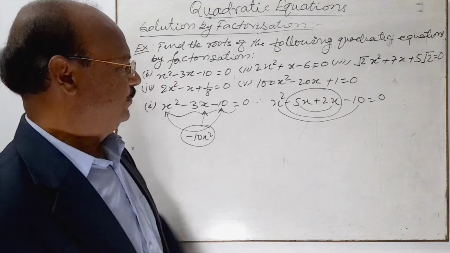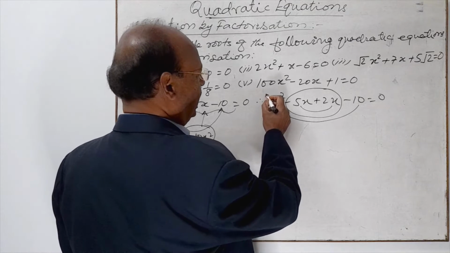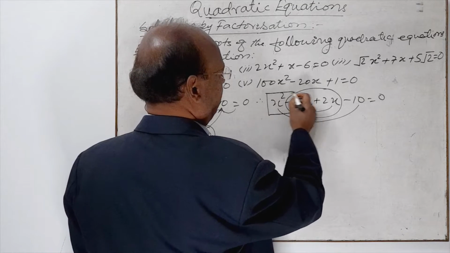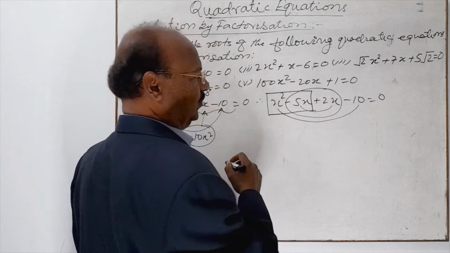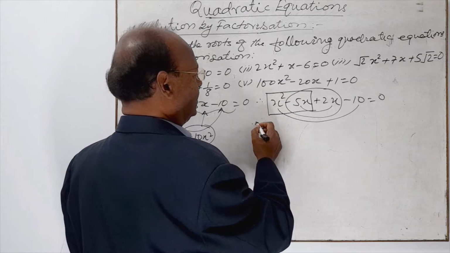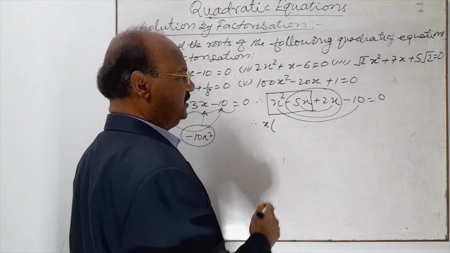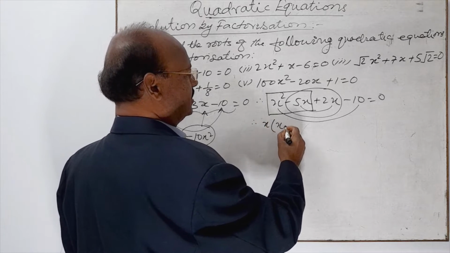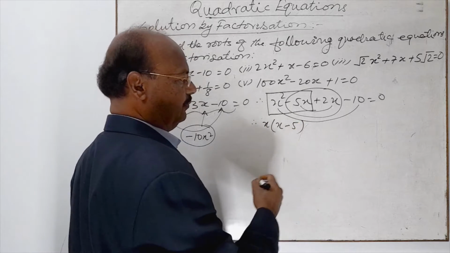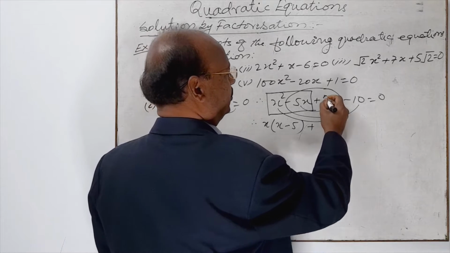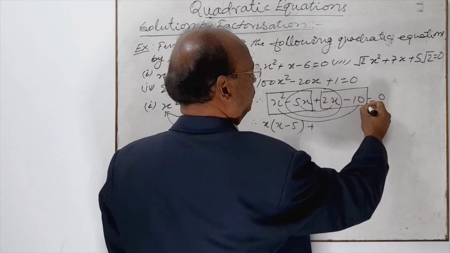Now proceed. You take something common from the first two terms. Obviously you can take x common from x square minus 5x, so here remains x minus 5, plus now you take common from these two terms.